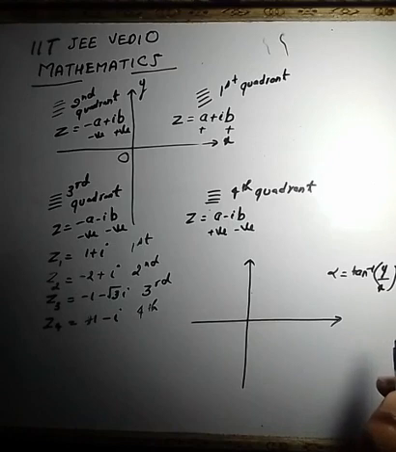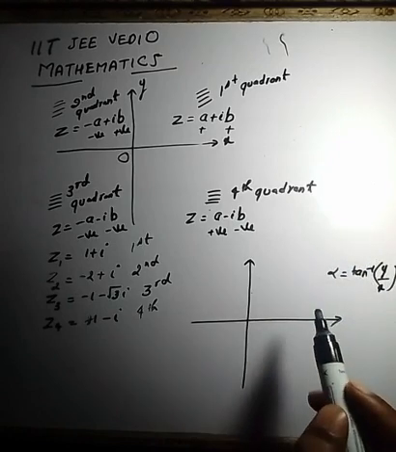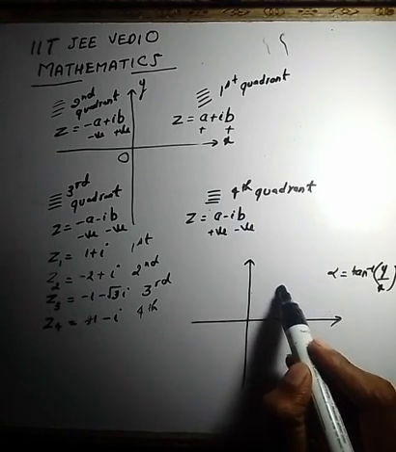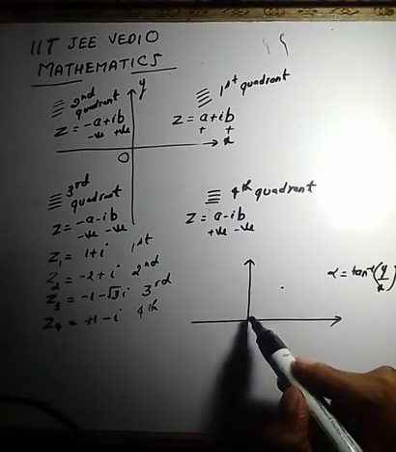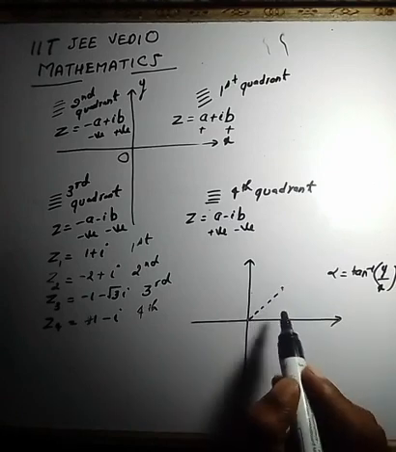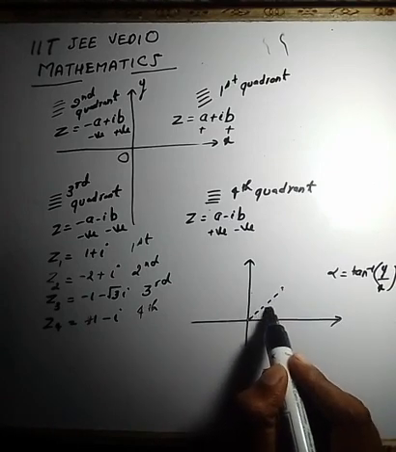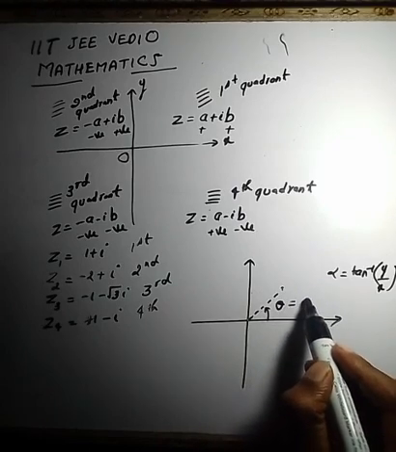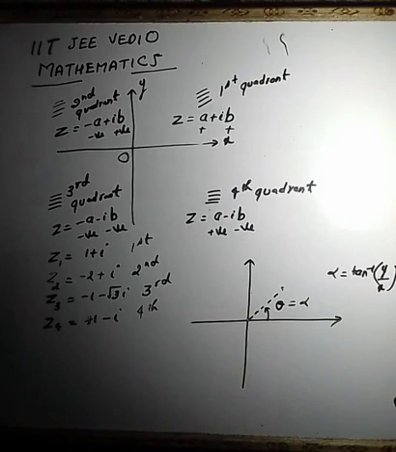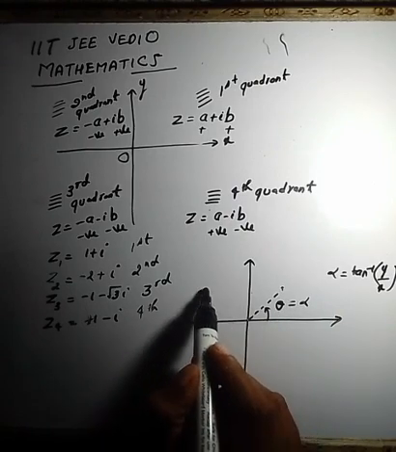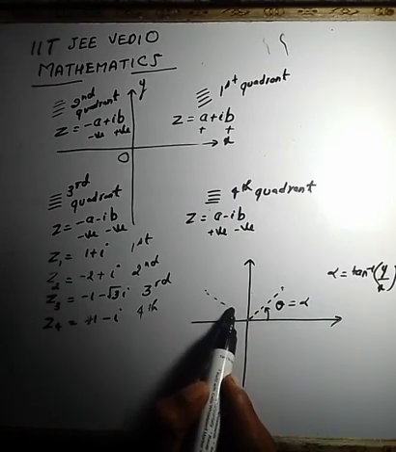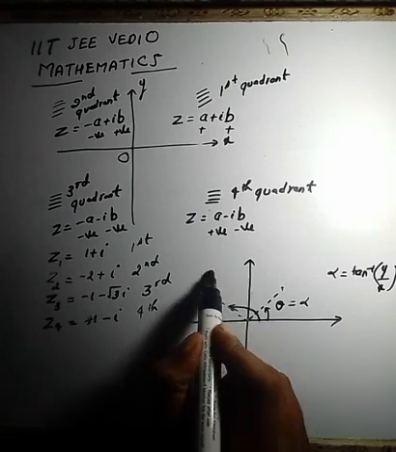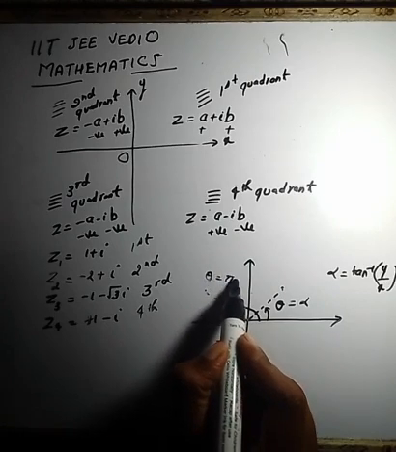Okay, so if complex number is here, so angle of that complex number from positive x axis will always be alpha, and if complex number is here, then angle from the positive x-axis will be theta equals to pi minus alpha.